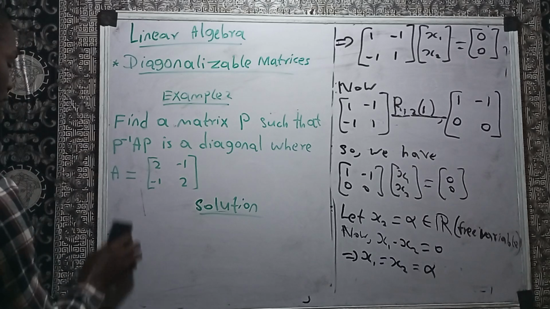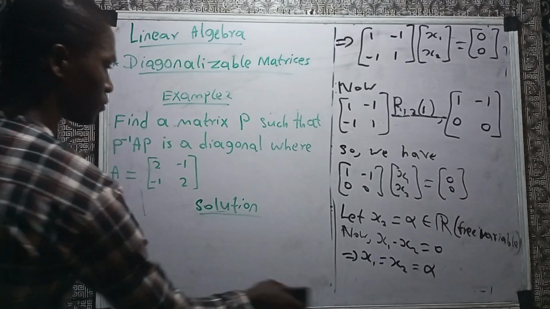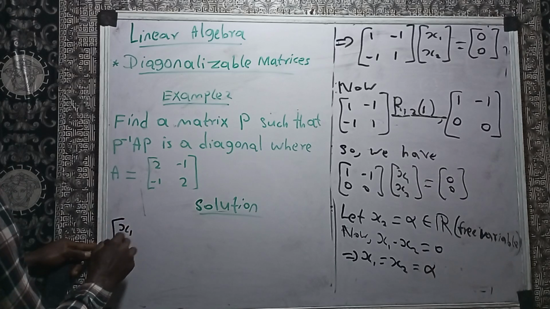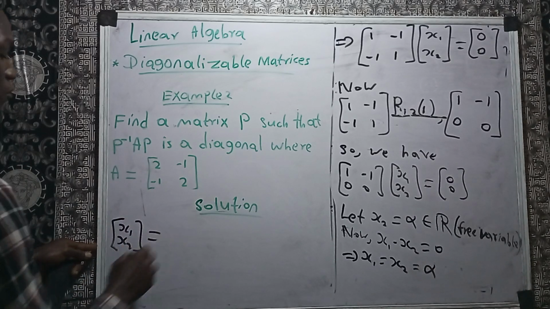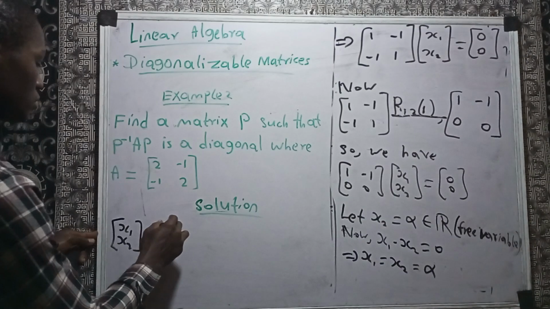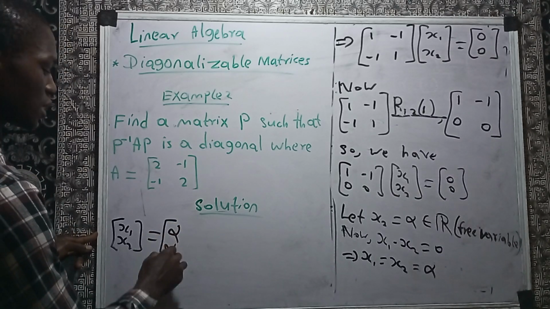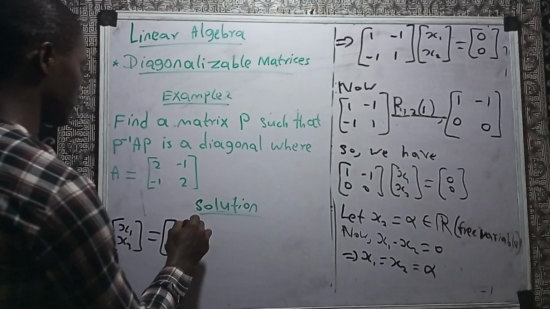Our column vector x1, x2 will be equal to, what is your x1? Alpha. What is x2? Alpha, as we got it here, right?